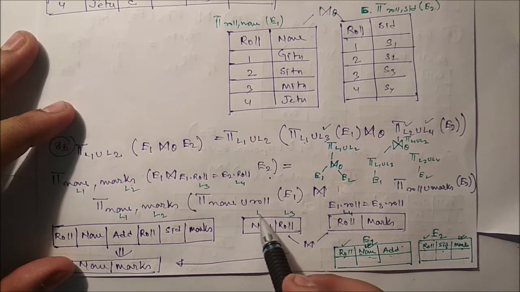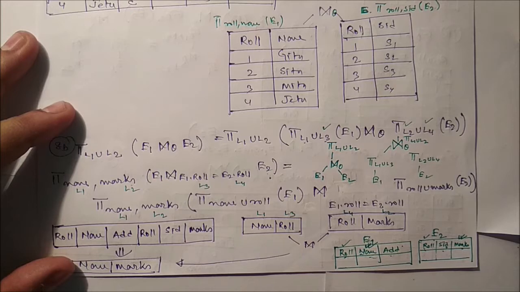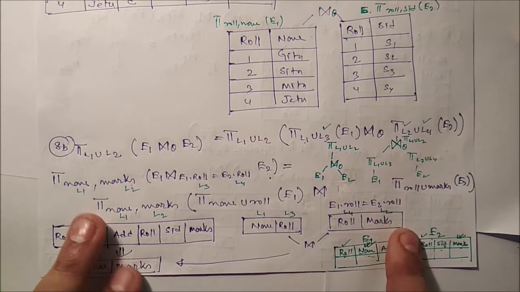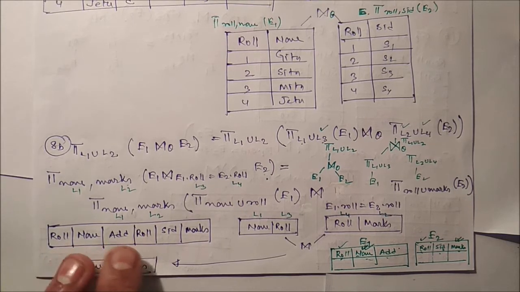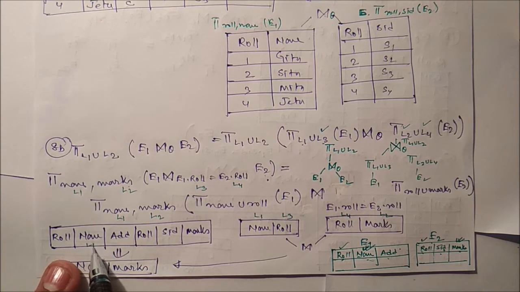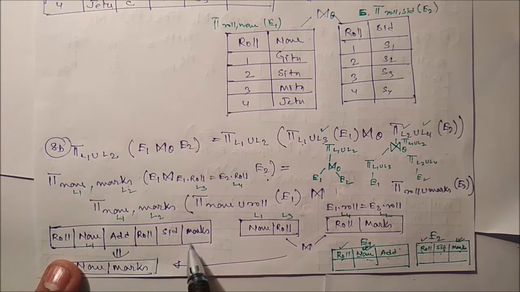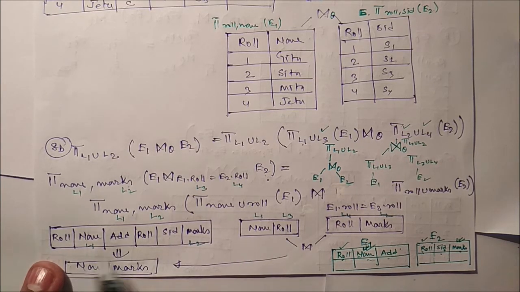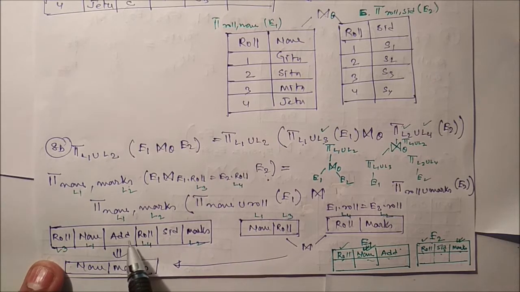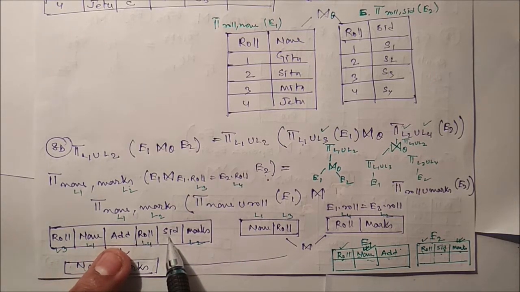Name is L1 and marks is L2. So we need only L1 and L2, and joining is with the help of L3 and L4. We don't require address and subject ID.